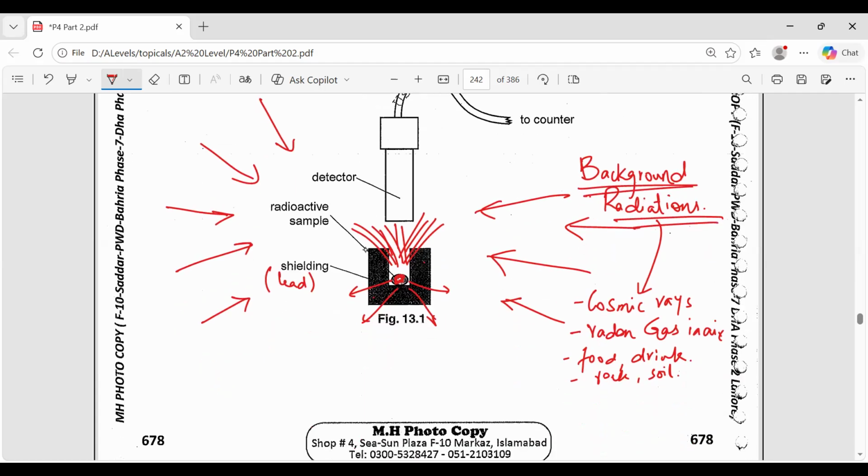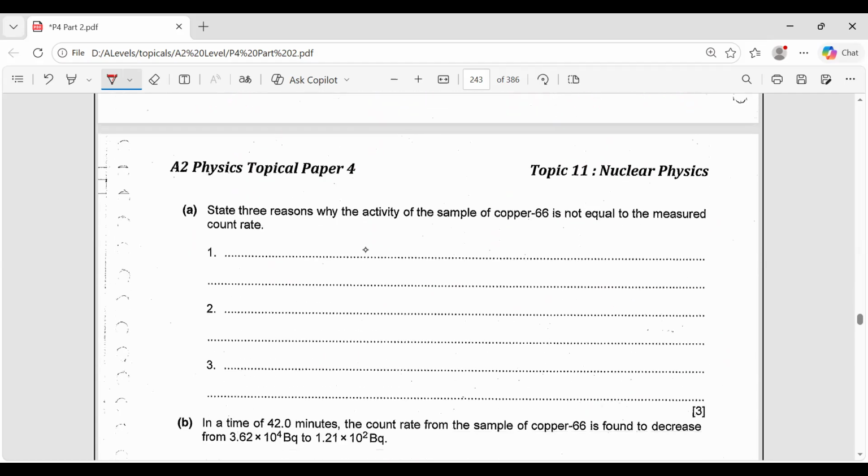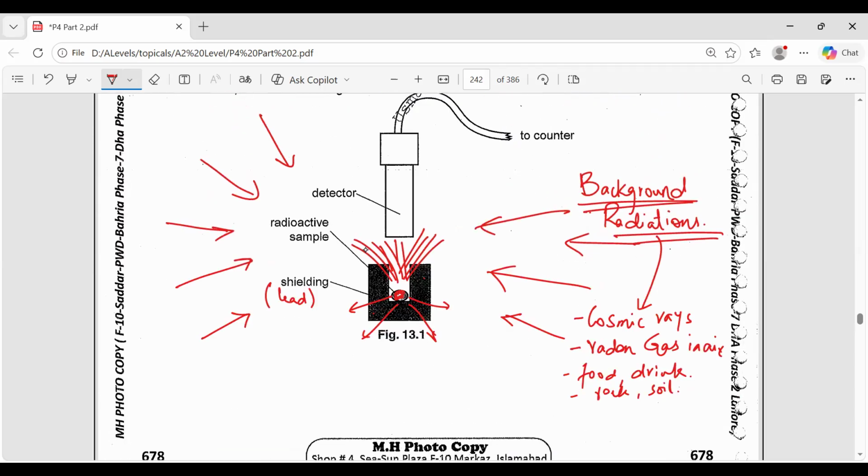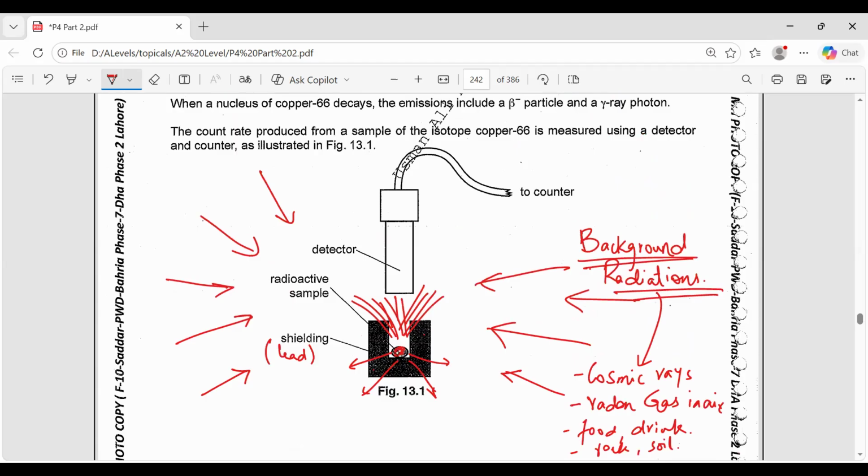So what is the purpose of telling this? Let's see. The question says, state three reasons why the activity of the sample of copper-66 is not equal to the GM count rate. This sample of radioactivity is continuously disintegrating, but the GM tube, the counter, is measuring the radiation count, or the number of decays happening per unit time.